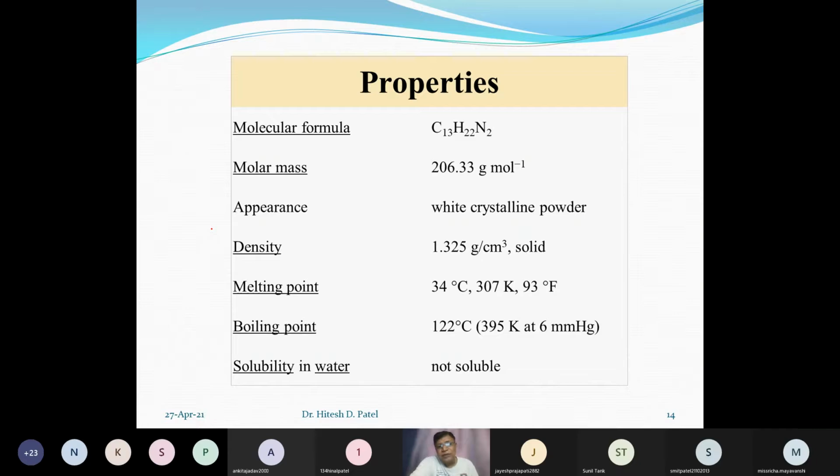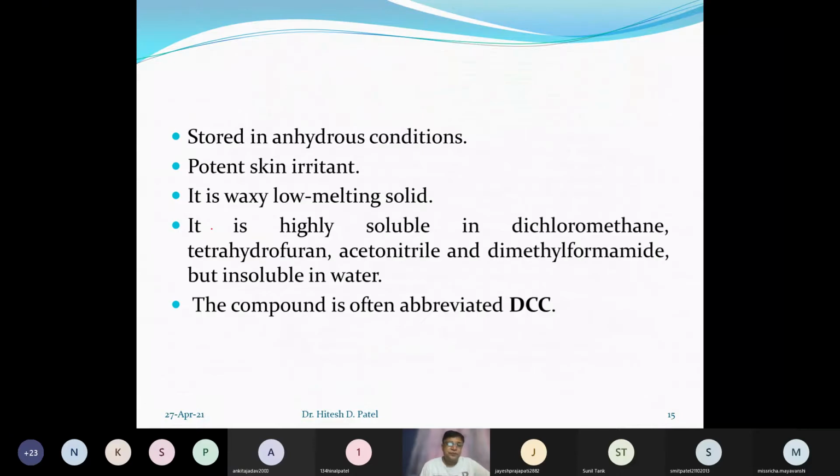So this compound has a boiling point as well as a melting point. Its boiling point is 122 degrees, and this compound is water insoluble, even though it has a tendency to absorb moisture or water from the reaction. That's why we have to store it in anhydrous condition. Anhydrous condition means there is an absence of water. If anhydrous condition is not maintained, then what happens?